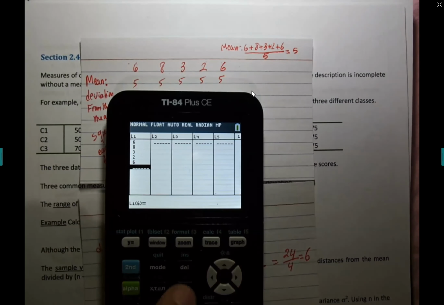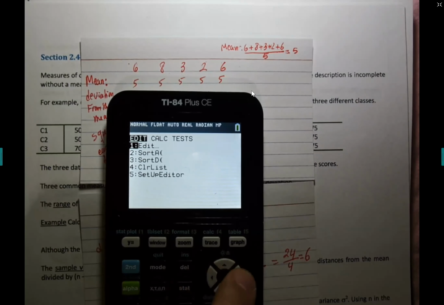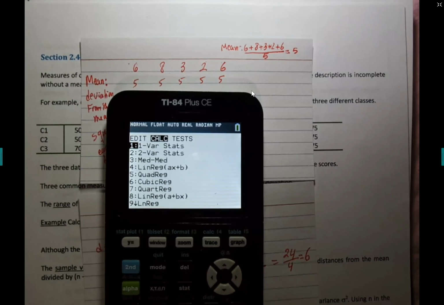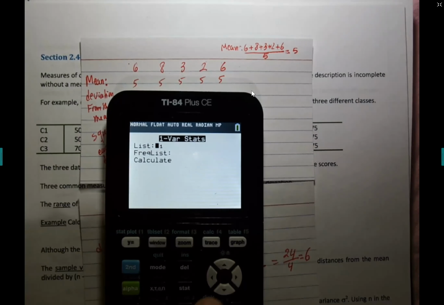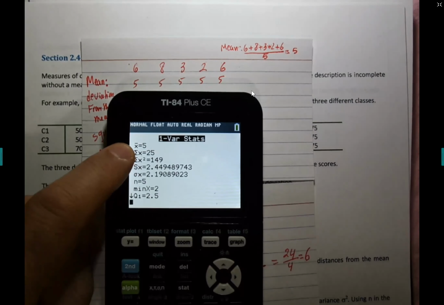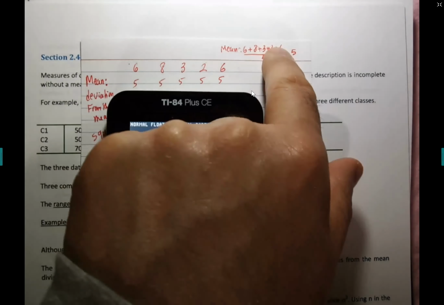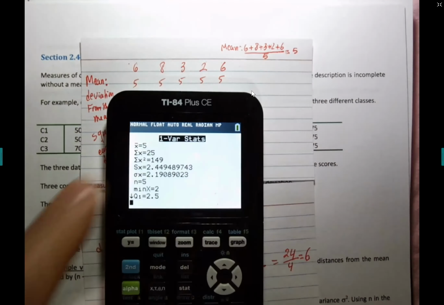So we go to Stat, watch, guys, step by step, Calc, one variable statistics. Same thing, I told you, this is the main thing in chapter 2. Okay, scroll down, I have the list in L1. Okay. You see x bar is 5, that's the mean, guys, that we did earlier, right here. You can see it. That's 5.